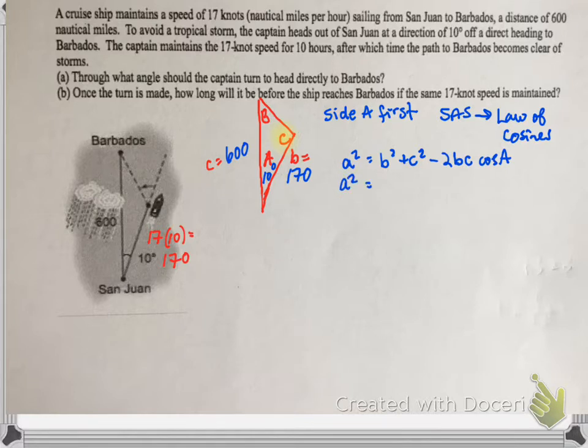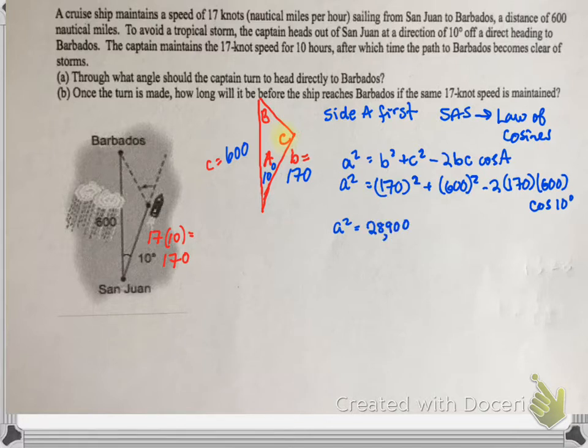A squared equals 170 squared plus 600 squared minus 2 times 170 times 600 times cosine of angle A, which is 10 degrees.